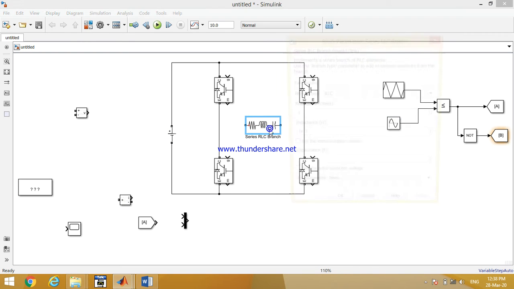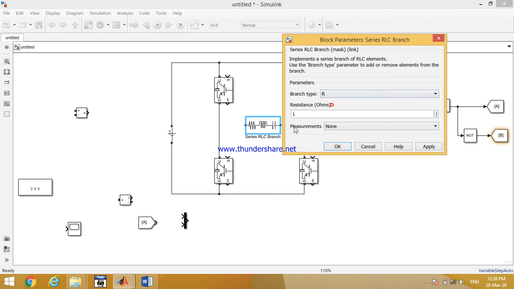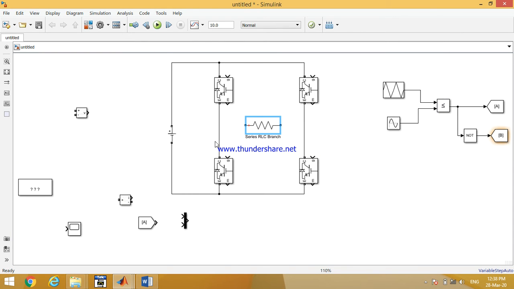Now, temporarily, we are taking only an R kind of load, and we can also measure the current with a current measurement, which is to be connected in series with the R load, right? We have connected the current measurement in series. The voltage measurement is also connected now. So our power circuit is also ready, right?